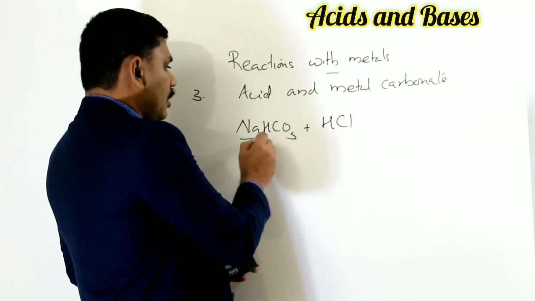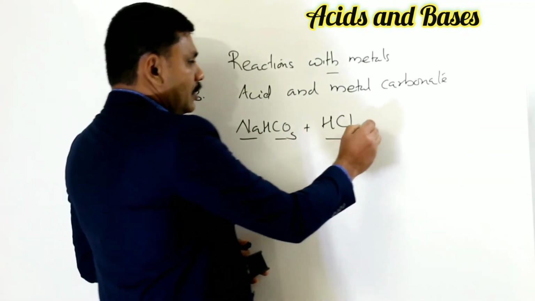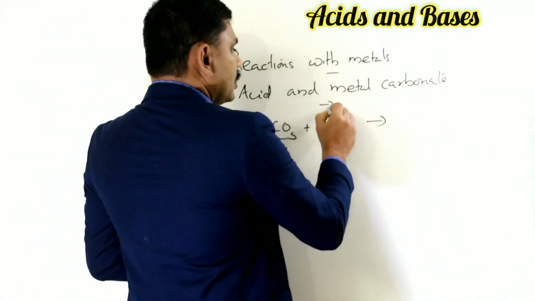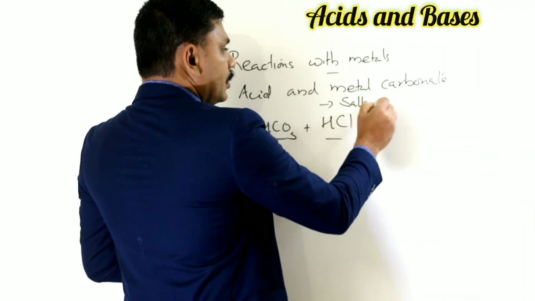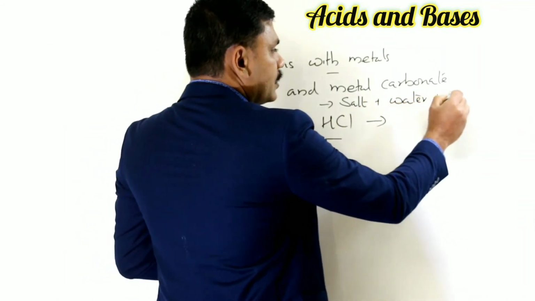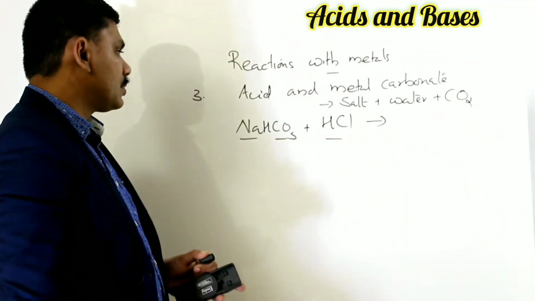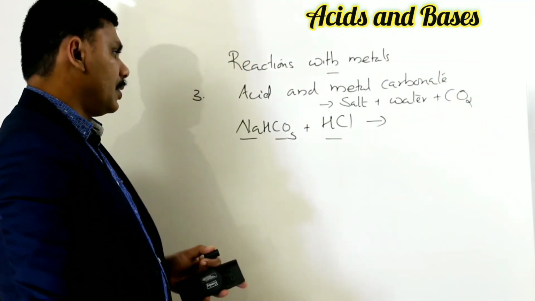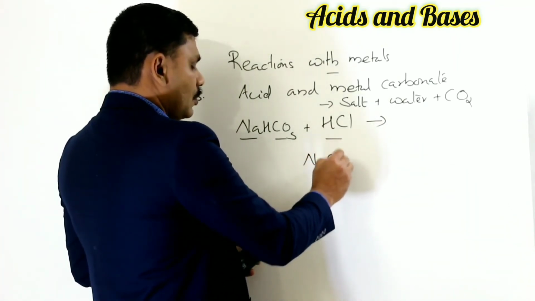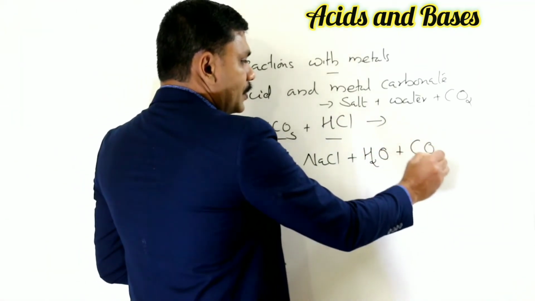This is a metal carbonate and this is an acid. So what is the general equation for that? The general equation is salt plus water plus carbon dioxide. So here it will be NaCl, salt, plus water plus carbon dioxide.